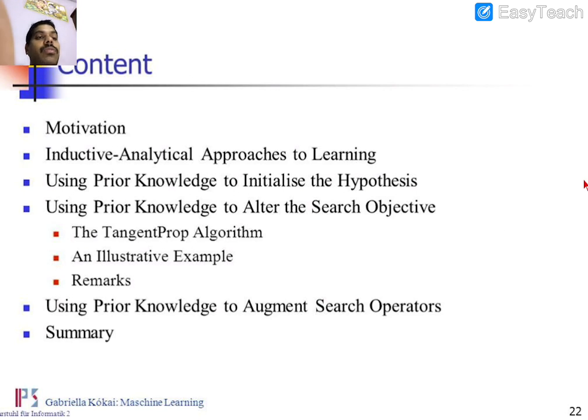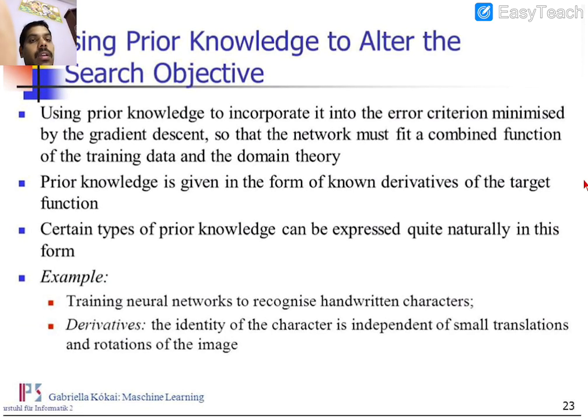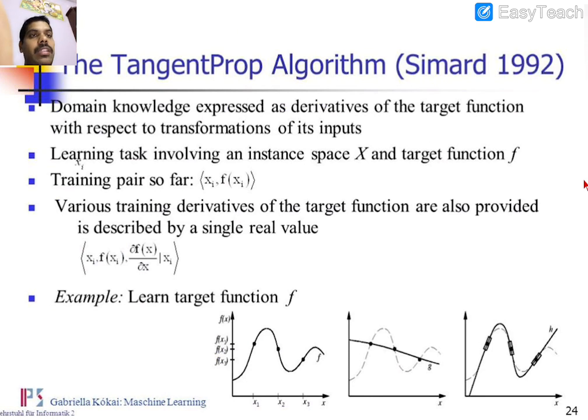And how the prior knowledge is going to alter the search objectives, we have seen with the tangent prop algorithm, and we discussed one example also, and how the prior knowledge is going to derive the target function in the tangent prop algorithm. So here what we have considered are the instance space and f of x.